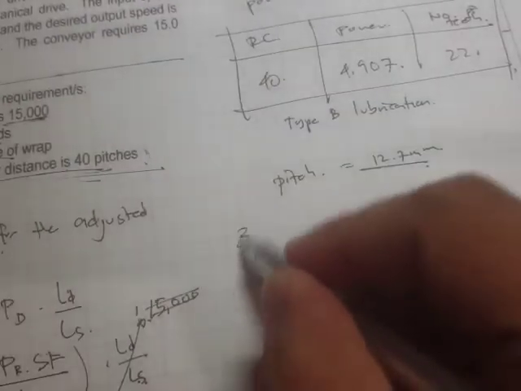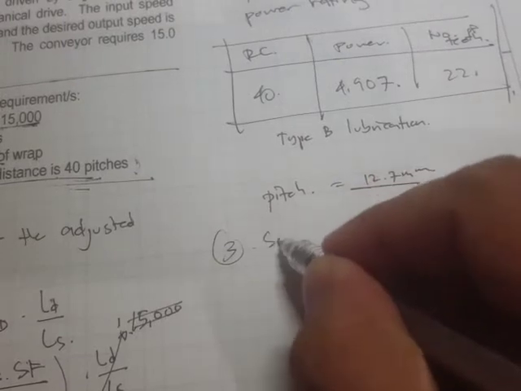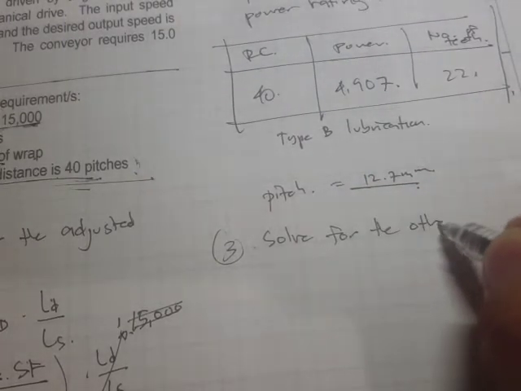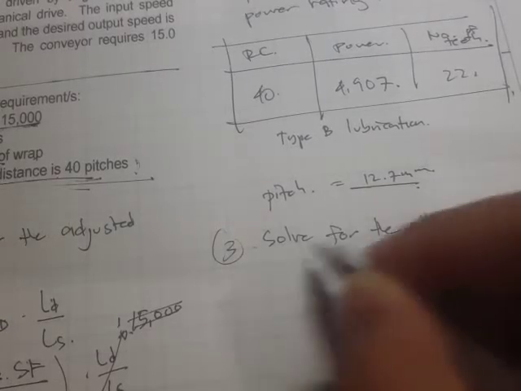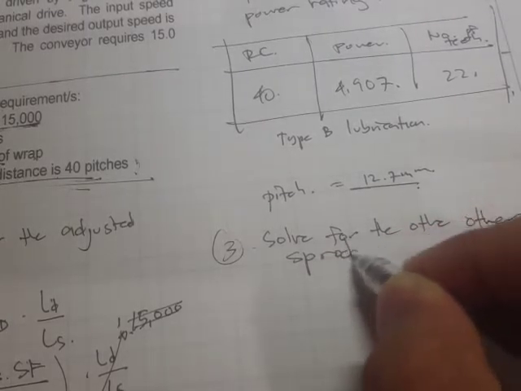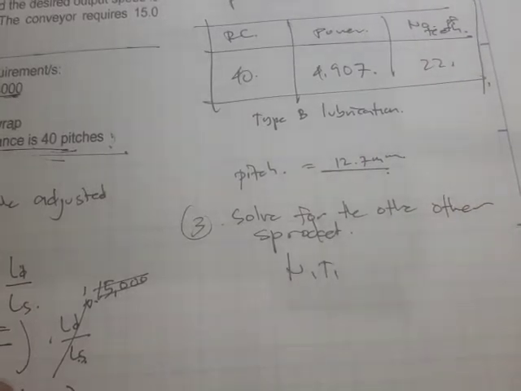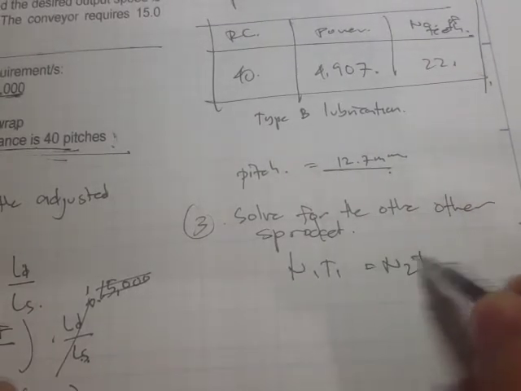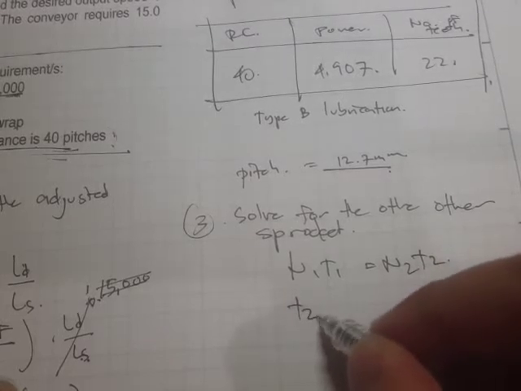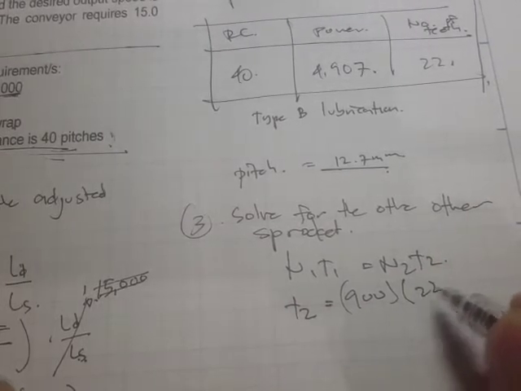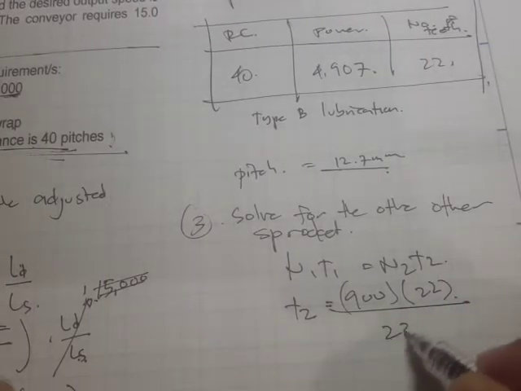Okay, so the next is to solve for the other sprocket. We will use this relation N1T1 is equal to N2T2, and T2 is just equal to 900 times the number of teeth divided by 235.